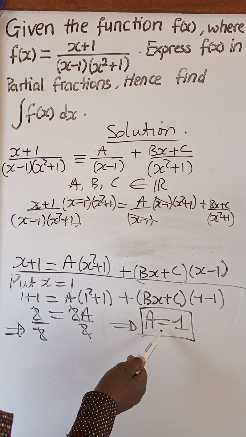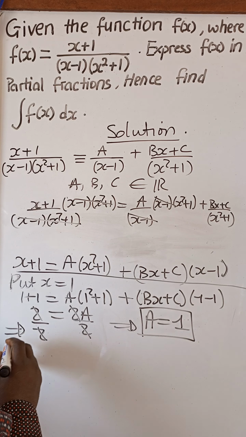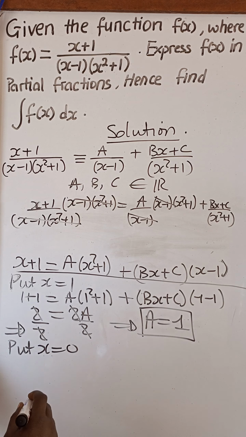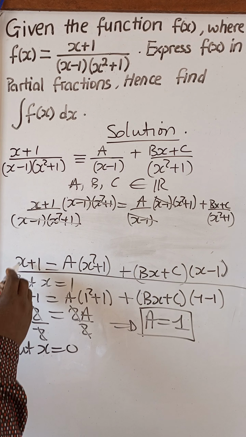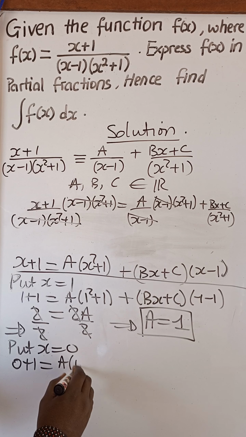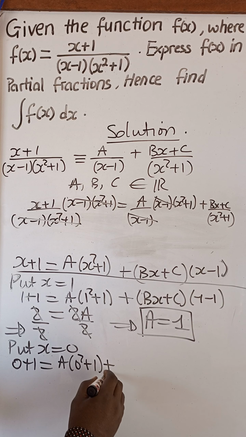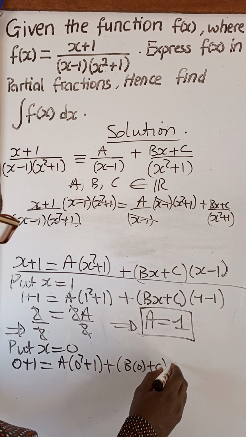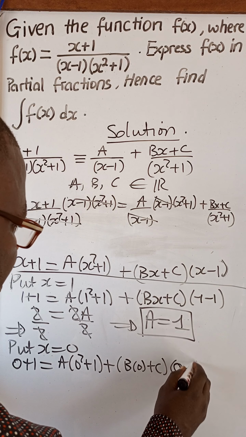Since we already know a, we'll be able to get the value of c. So we'll say put x to be 0. When we put x to be 0, the left hand side will have 0 plus 1 is equal to a into 0 squared plus 1 plus b multiplied by 0 plus c into 0 minus 1.